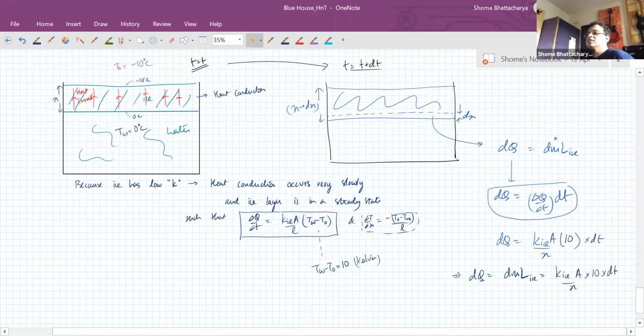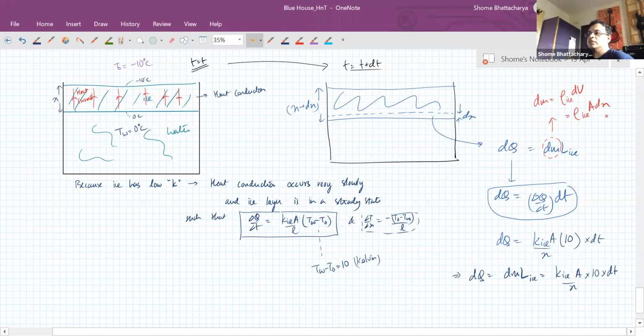Now that extra layer of ice which is formed is of mass dm. How can we relate that mass dm? That mass dm is density of ice into the volume. That is density of ice into area into the thickness dx. Because the volume of this small layer of ice that is formed, what is its volume?